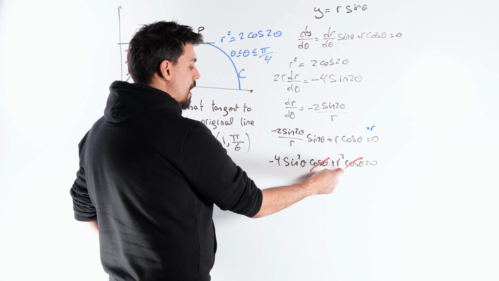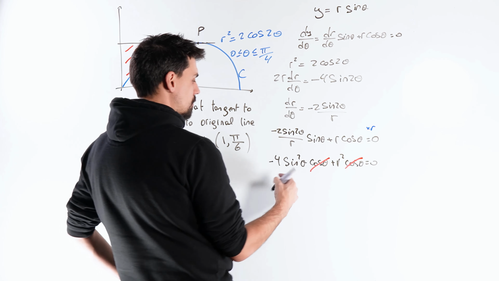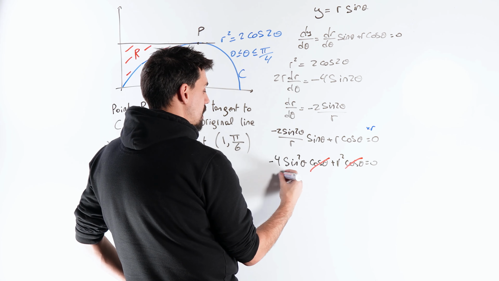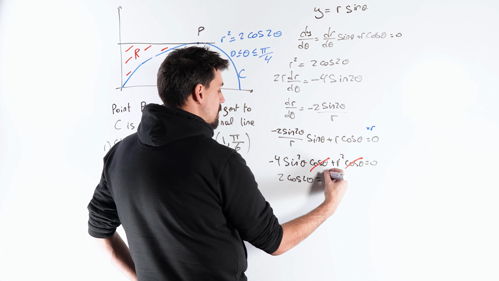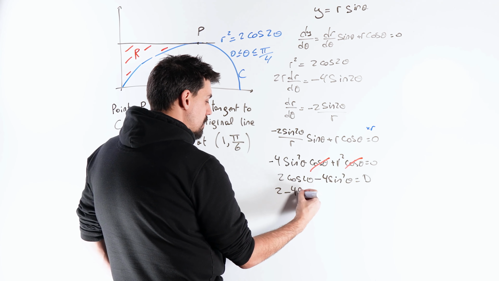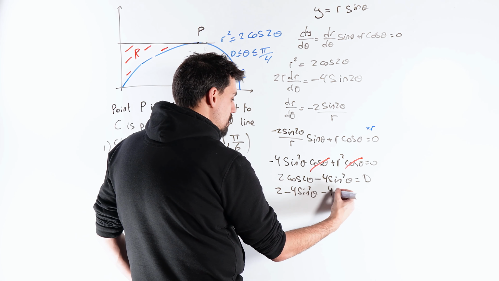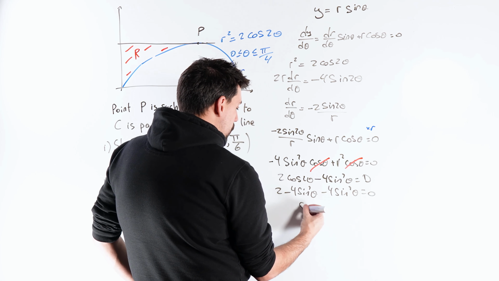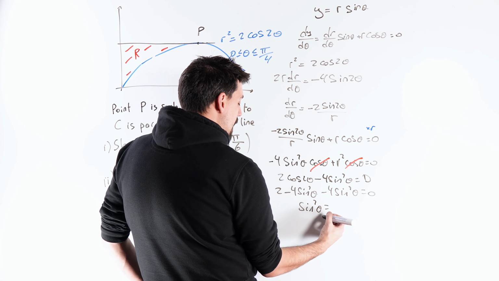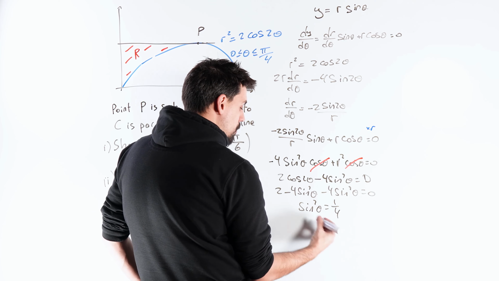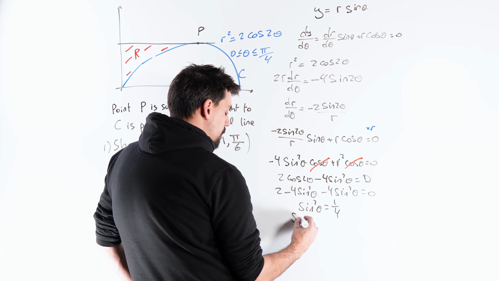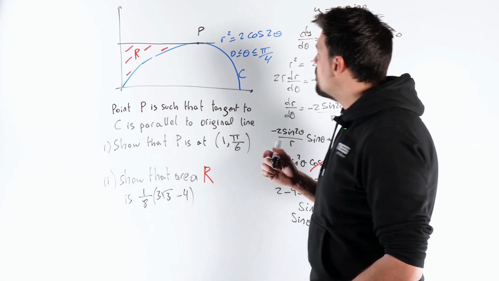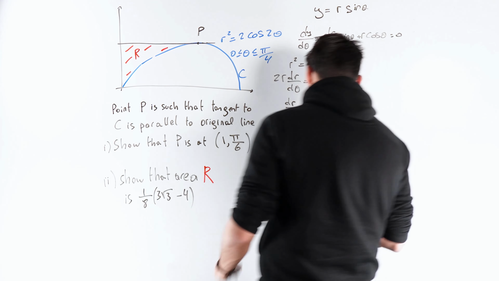And now we have an r squared by itself. So what we need to solve is r squared, which is 2 cos 2 theta, is equal to, move that over to that side, 2 minus 4 sine squared theta, using our double angle formula again. So if we rearrange just a tad, sine squared theta has to equal 1/4, which gives me sine theta is plus or minus 1/2. But bear in mind that theta is between 0 and pi over 4.